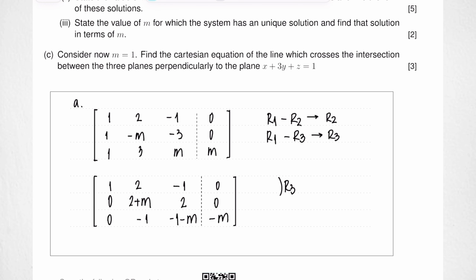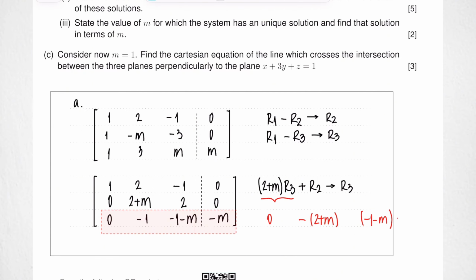We can take our row 3, multiply it by 2 plus m, and add it to row 2, and then store our answer in row 3. What does it mean to multiply row 3 by 2 plus m? Well, we're going to get over here 0 minus (2 plus m) as the second coefficient, and then (-1 minus m) times (2 plus m), and for the last one, -m times (2 plus m).